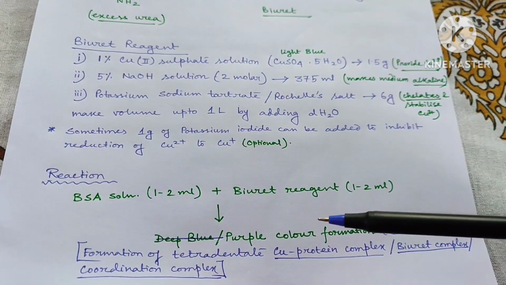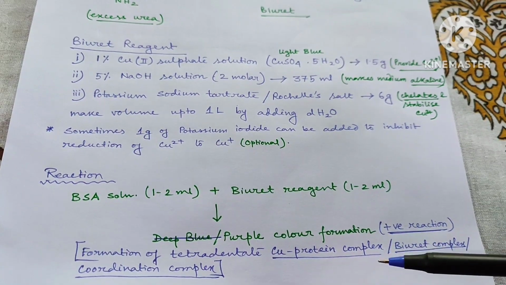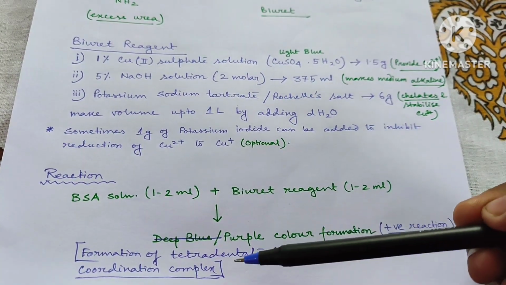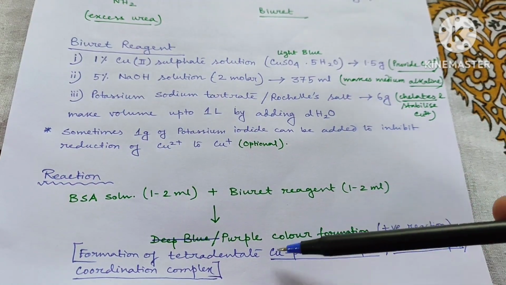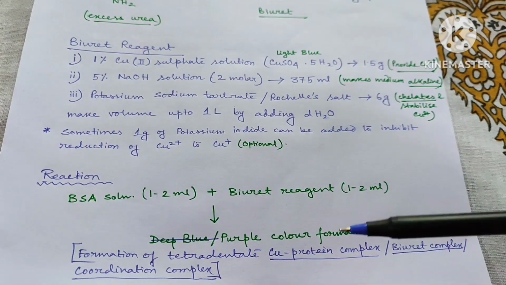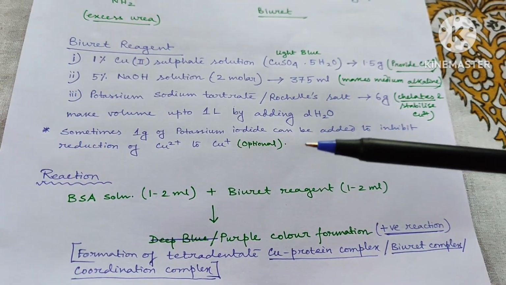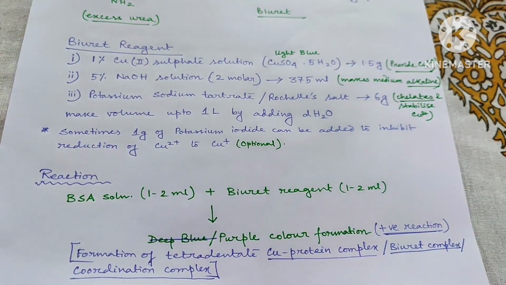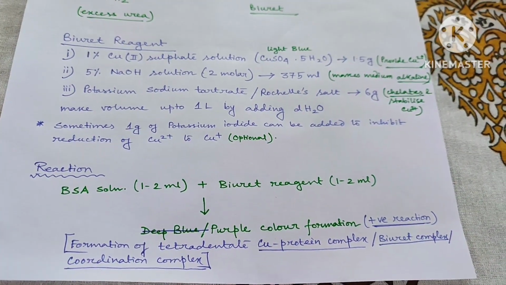Why does this purple or violet color form? Because of the formation of copper protein complex or biuret complex, which is also known as coordination complex. This copper protein complex actually absorbs visible light at 540 nanometer and gives the purple or violet coloration.